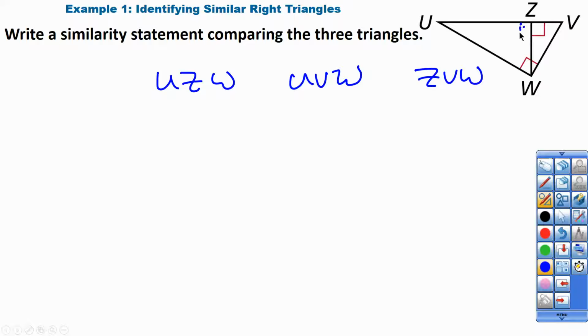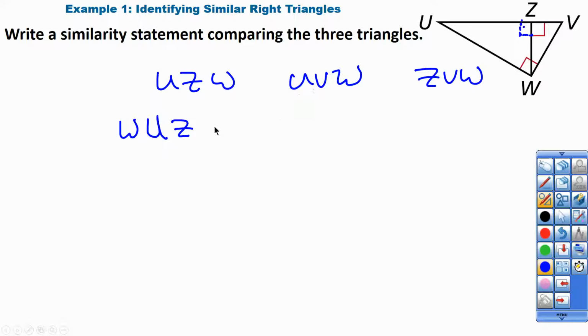We need to end with the Z as our right triangle. So we're going to start with the short side first. We're going to go from Z to W, or I guess we start on the short side. We're going to end with the Z, so we're going to start at W, and then we say W, U is the hypotenuse, WU is the hypotenuse, and then we end with the 90 degrees.